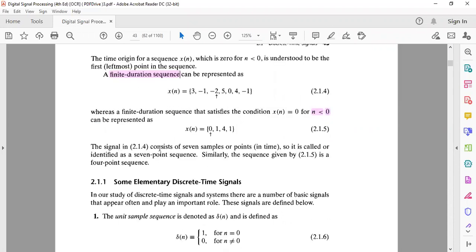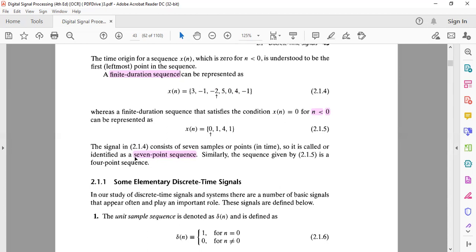So the signal in 2.1.4, this one here, consists of 7 samples or points in time. So it is called or identified as a 7-point sequence. Like I said, it has a countable number of sequences. It is a finite duration sequence.